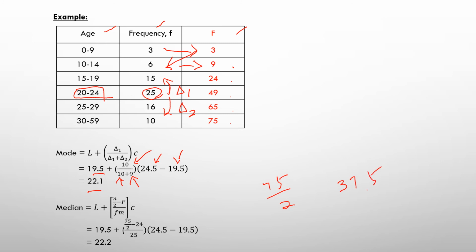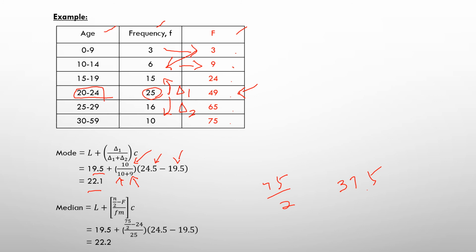Okay, so where is the median? You have to see the cumulative frequency. So this is 3, that means no. 9 also no, because it is 37, and suddenly 49. So that means it is in this class.